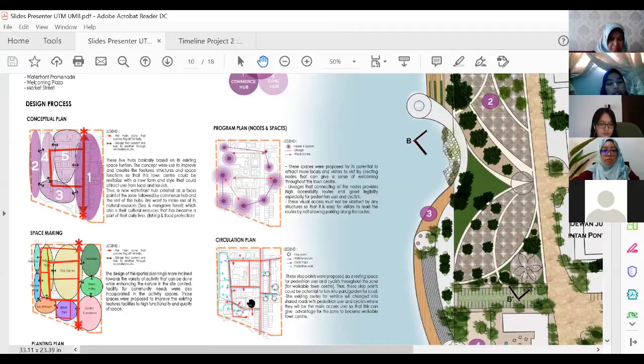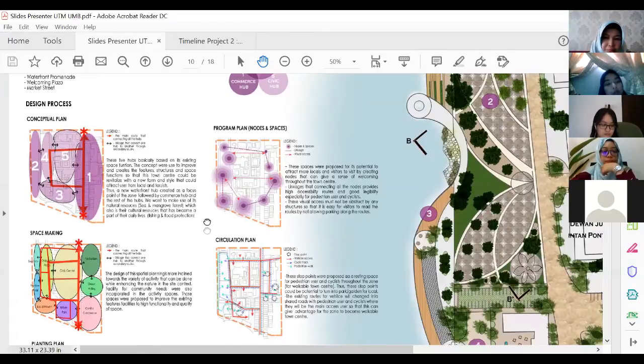In the program plan, there are certain spaces throughout the zone proposed for their potential to become an attraction point by creating nodes, so that it can give a sense of welcoming throughout the zone. And then we have the space making.